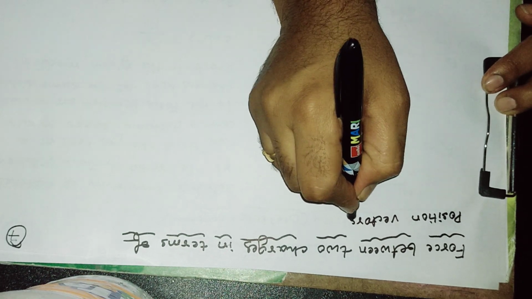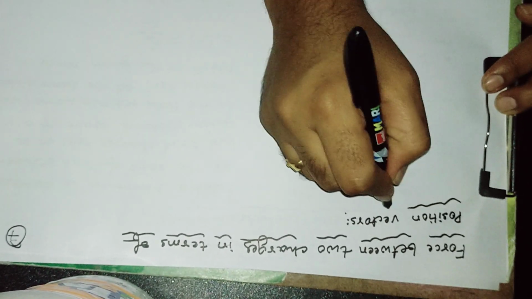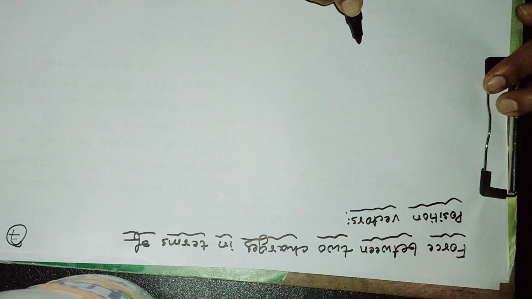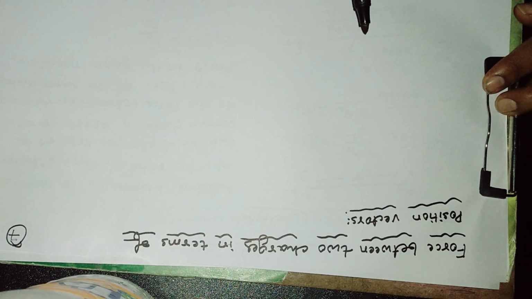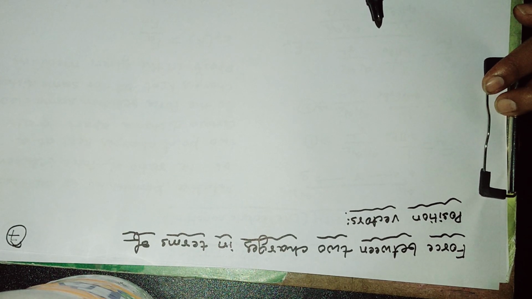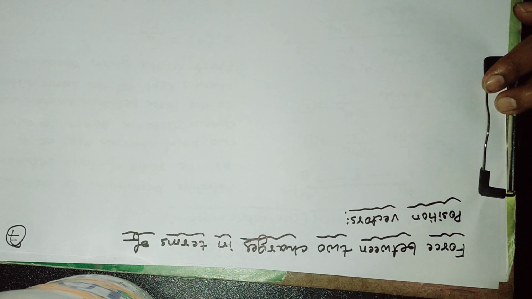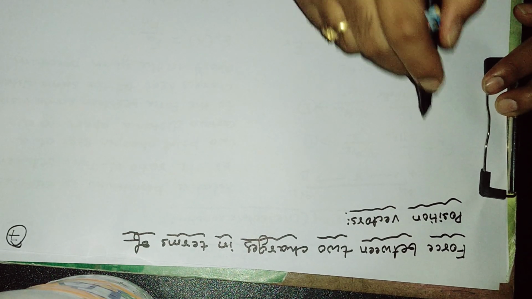In first year, you have learnt what a position vector is. Position vector always represents the position of an object or a point in a coordinate system. So now we will consider the position of two charges in a coordinate system.